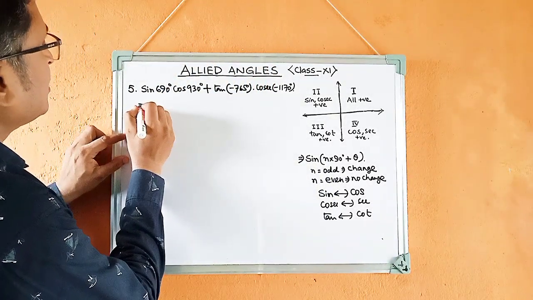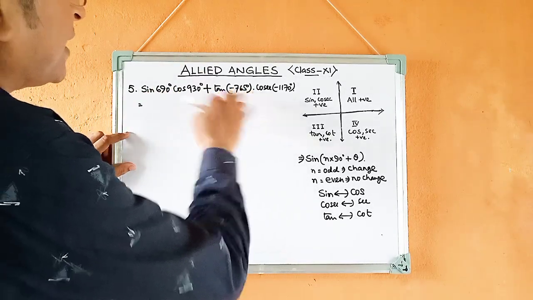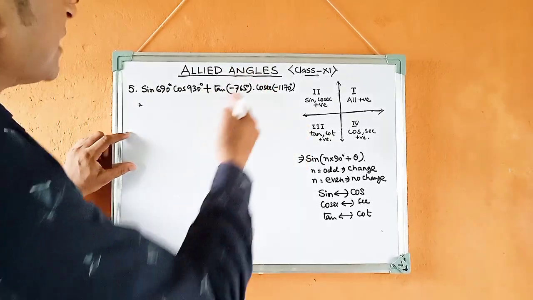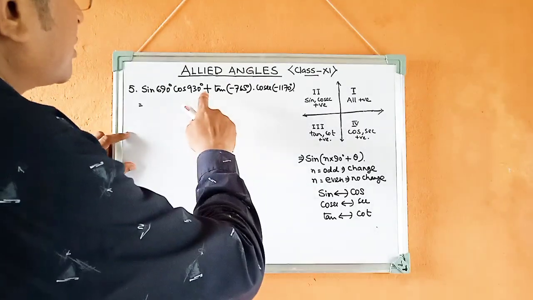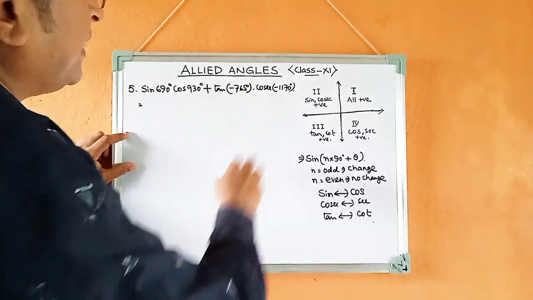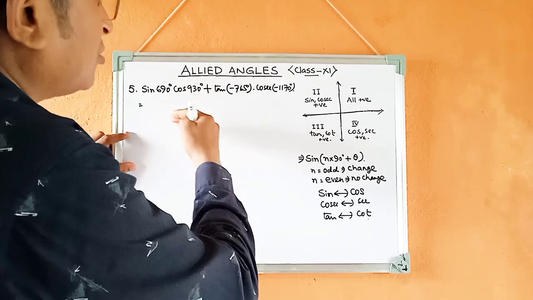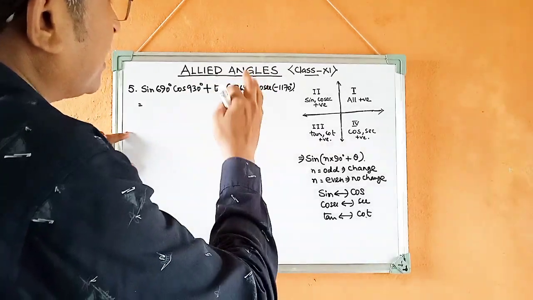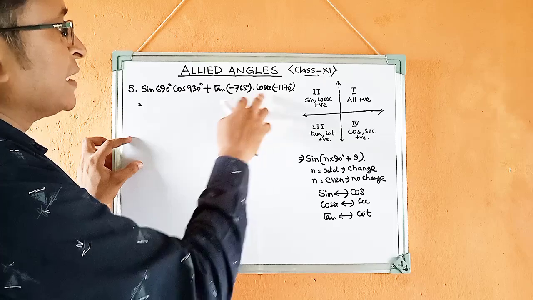First of all, here is tan minus theta. So tan minus theta means minus comes out and is put in front of the tan, so minus tan 765 degree. And here is cosec minus theta, so minus comes out in front of the cosec: minus cosec 1170 degree. Here is minus, here is minus.